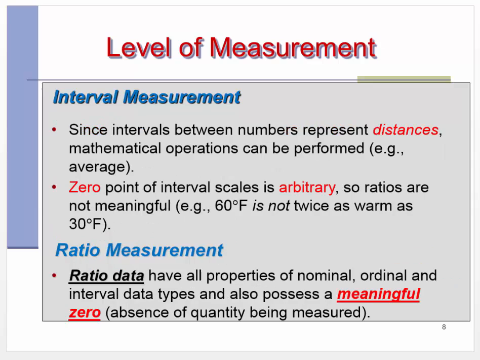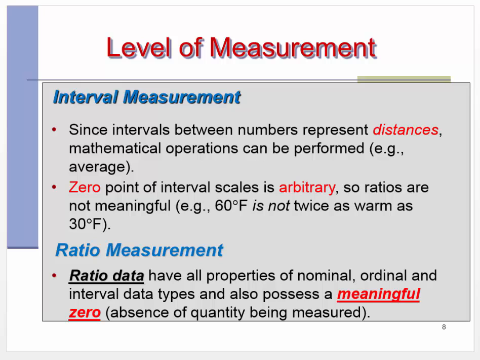Ratio data, as said, have all the properties of nominal, ordinal, and interval data types, and also possess a meaningful zero. That is, absence of quantity is being measured. Because of the 0 point, ratios of data values are meaningful. For example, $20 million in profit is twice as much as $10 million.